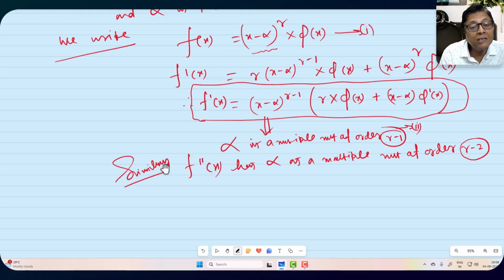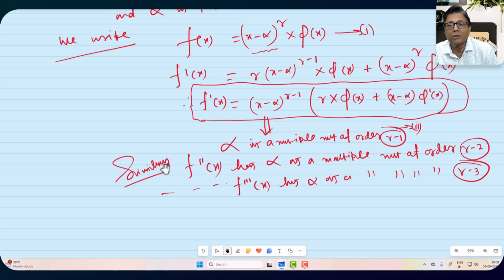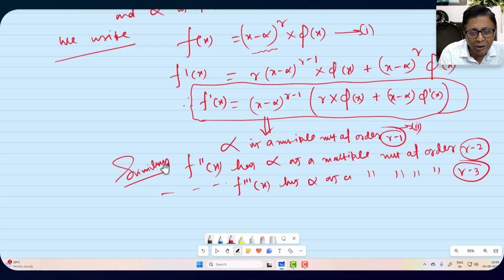And if you differentiate again, this way if you continue, f triple dash x has alpha as a multiple root of order r minus 3. Agree or not? You should. Now, one thing is very obvious, that in 1 and 2, we can draw a conclusion from there.